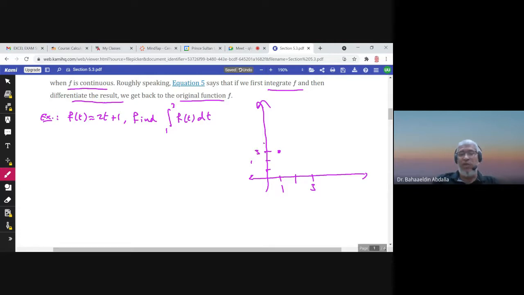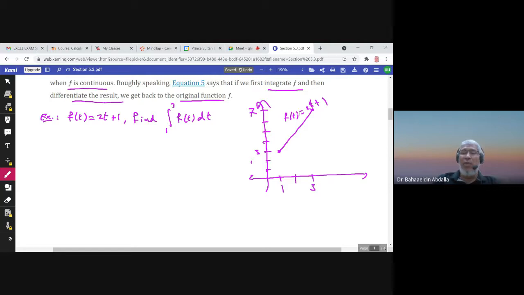So this is 3, and this is 7. And this would be the line, this is the line 2t plus 1. So here, this is f of t, which is 2t plus 1.